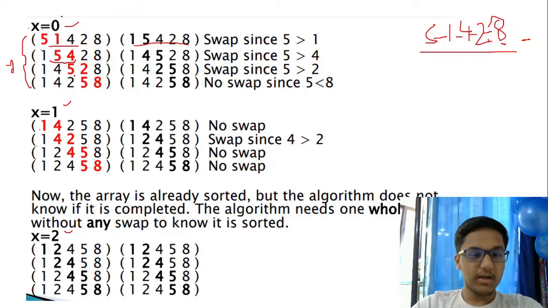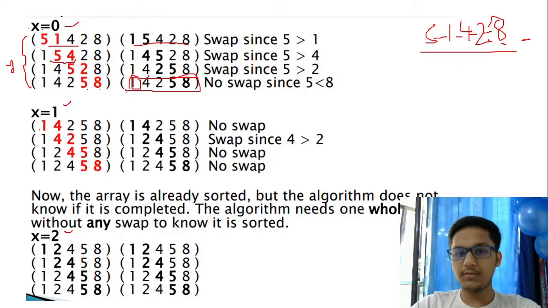Then it's going to compare 5 and 2, and since 2 is smaller, it's going to swap. So 1, 4, 2, 5, 8 it becomes. Then it's going to compare the final two elements, 5 and 8. Since 5 is already smaller, it won't do anything. There will be no swap. So after the first iteration, you can see that the smallest element, which is 1, comes in the first index. You might think of it that way, but that's not how it is.